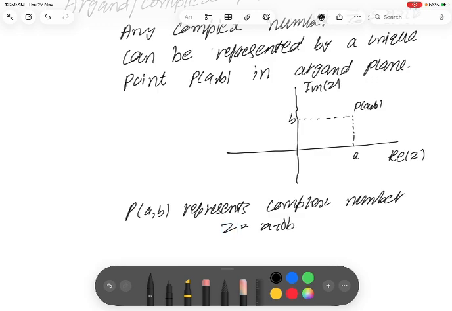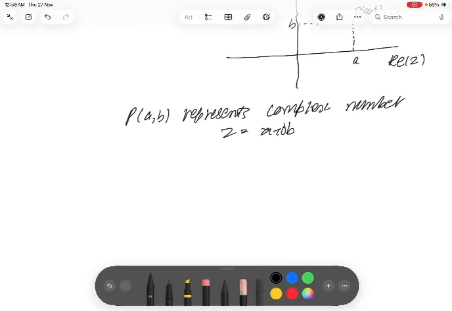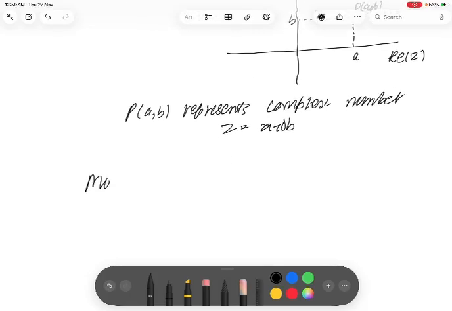Similarly, we can see the modulus of a complex number.